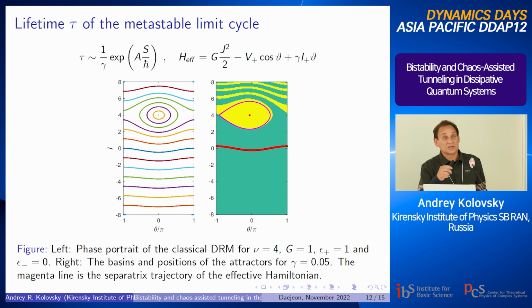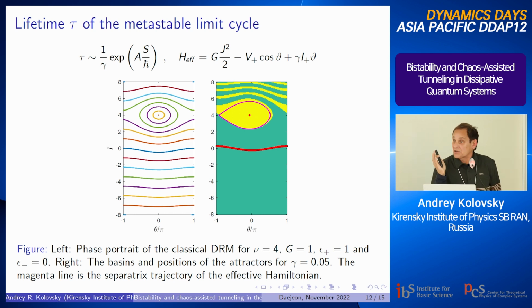And this is the estimate. So look, first I now consider only one resonance. I introduce the notion of the local basin of the attractor. And this is the separatrix trajectory of this effective Hamiltonian. So note that it is a Wolf gamma, and then we obtain these estimates.